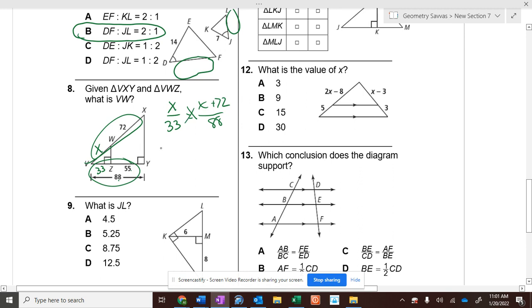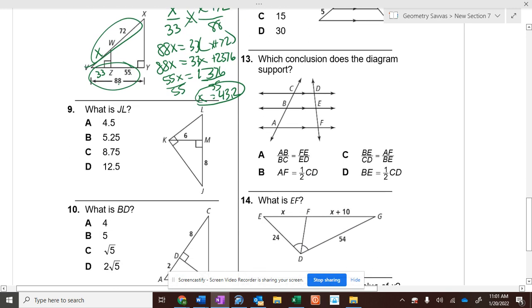So if we cross multiply, 88x equals 33 times x plus 72. So 88x equals 33x plus, what's 72 times 33? 2,376. If we subtract 33x, 55x equals 2,376. If we divide by 55, what do we get? 43.2.